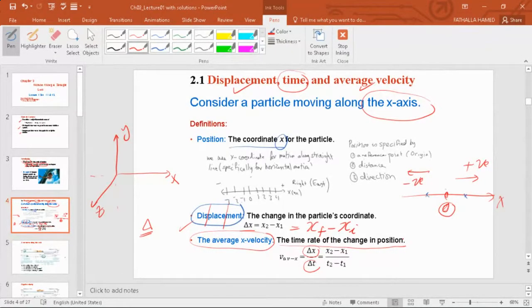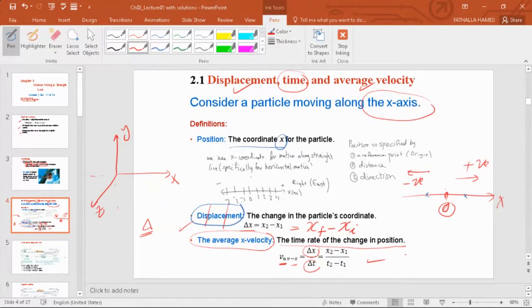And we call this average velocity. And that's why we have here, if bar means average, and x means you're doing that along the x direction, which is delta x over delta t, which is x2 minus x1 over t2 minus t1.